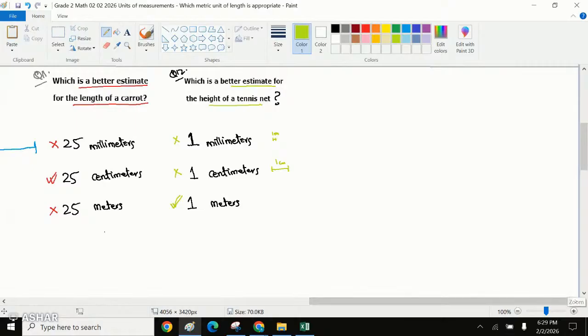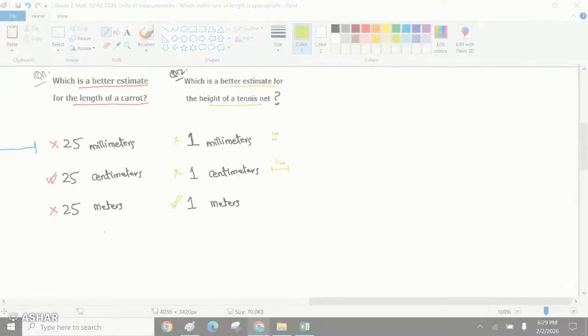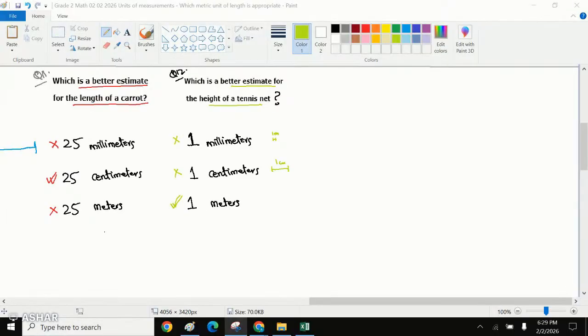Okay, let's do a few more and then let's go to the quiz. Which is a better estimate for the length of a hamster? Some people have pets, some even have a hamster as a pet.